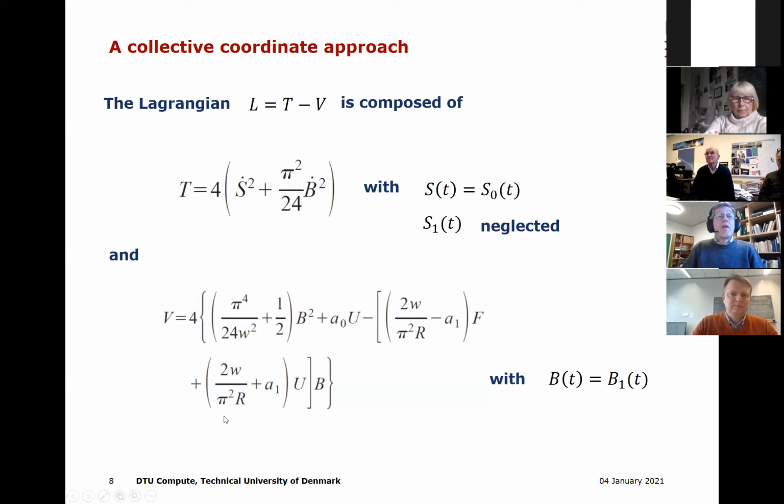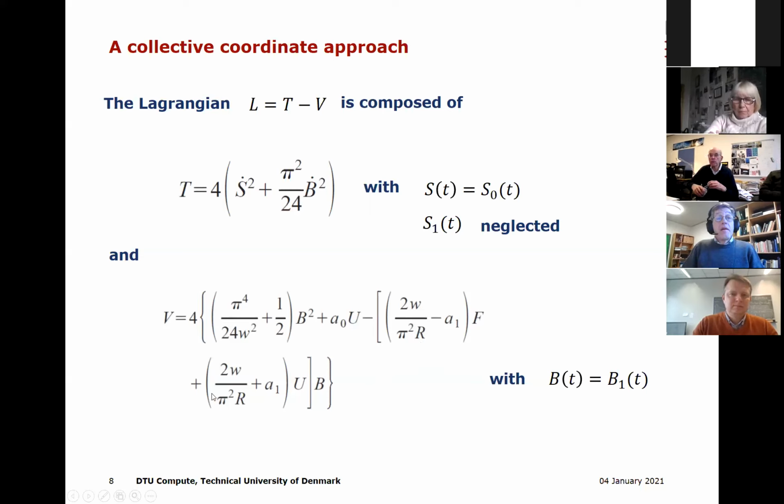Then Yuri obtained this pretty complicated expression for the potential. F here and capital U also are rather lengthy functional relations. In this expression here, the width is B1 of T.